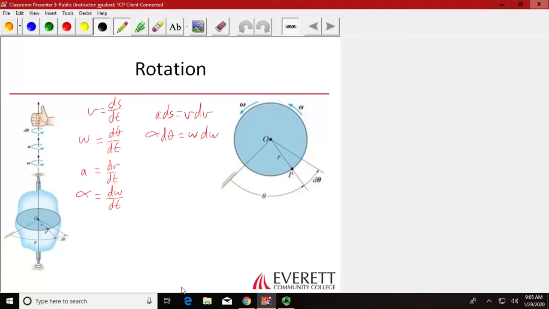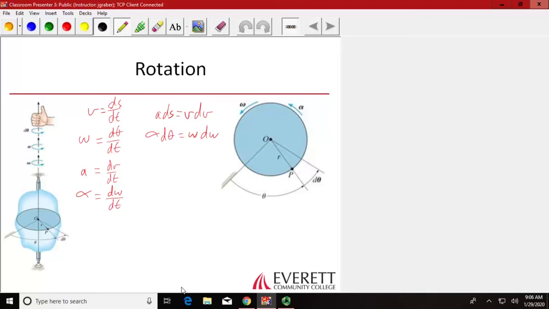This is pure rotation about a fixed axis. What does that mean? Well, we have a few pictures here that I'd like to explain. So we use our right-hand rule for rotation. The right-hand rule, just like we learned when we learned moments in statics, you put your right hand here with your thumb pointed up. Your thumb is the axis of rotation. Okay? Thumb is the axis of rotation.